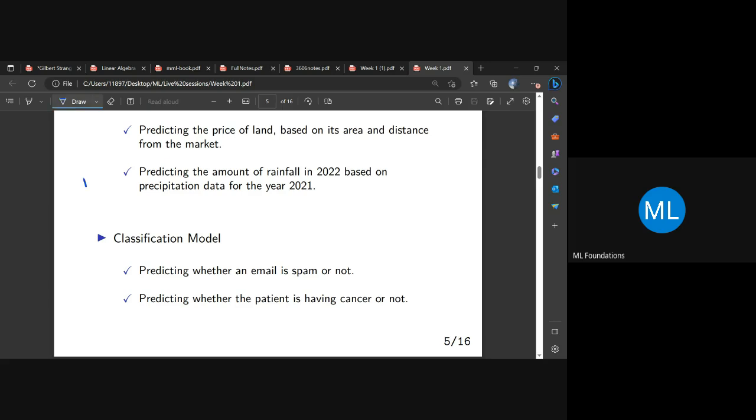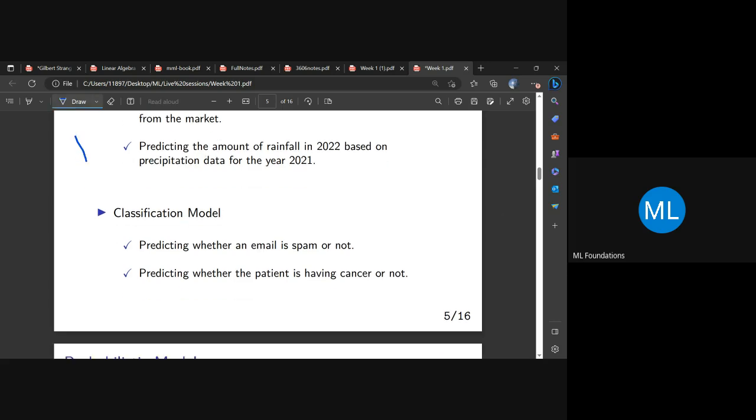When your goal is to classify the data into different classes, let's say you have class 1 and class 2, like in a binary classification problem. If you are able to put your problem into these two classes, then it's called a classification model. For example, the first example here says predicting whether an email is spam or not.